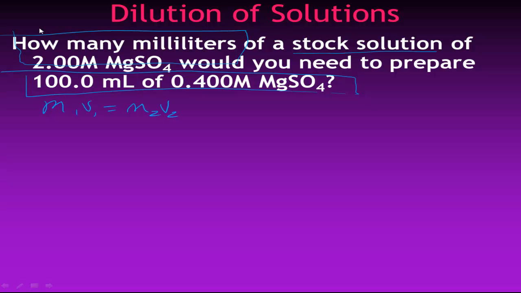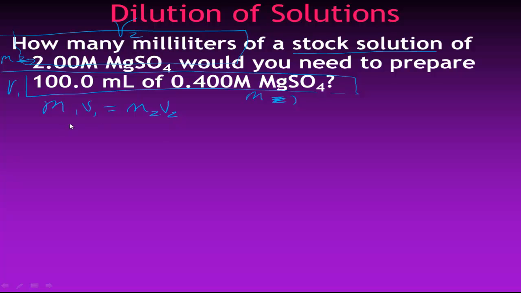And just like before, it doesn't matter what you call 1 and 2, just as long as you keep the terms together. So this 100 milliliters right here, we can call this V1, and that's going to make this molarity M1, not M2, M1. And then this one right here would be M2. And how many milliliters means we're looking for V2, our second volume.